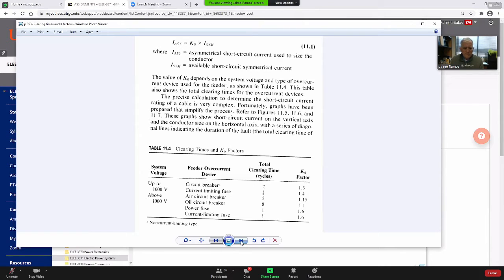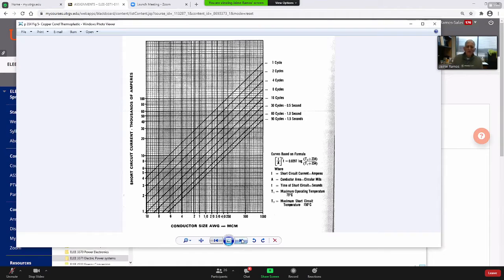Now, when we test the cables for short circuits, we use this table for the total number of cycles and the K factor, which relates asymmetric and symmetric currents. Then we use these plots where we have several cycle lines, and on the horizontal we have the size of the conductor, and on the vertical the short circuit current.